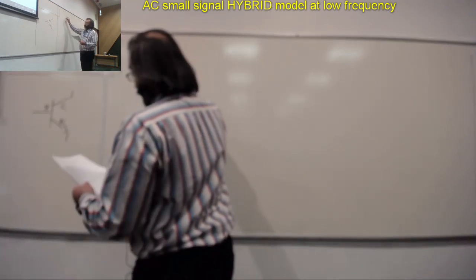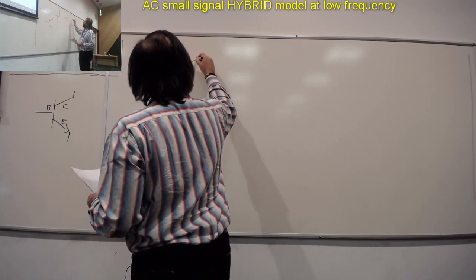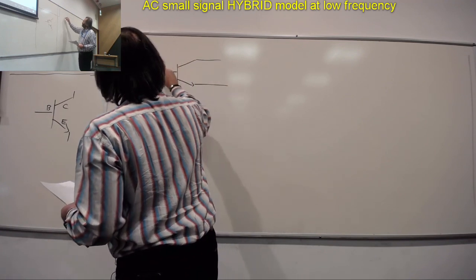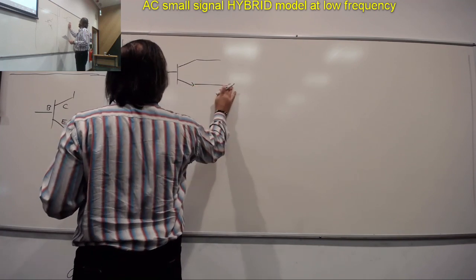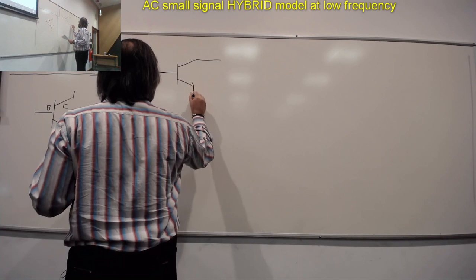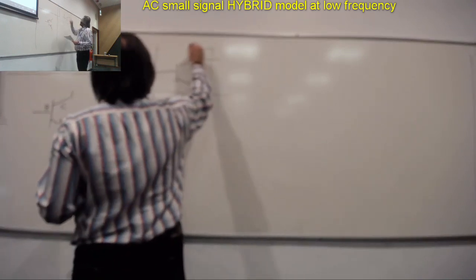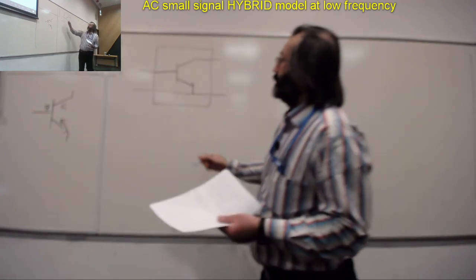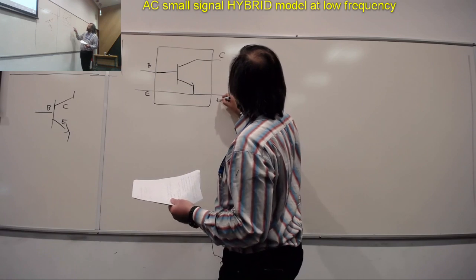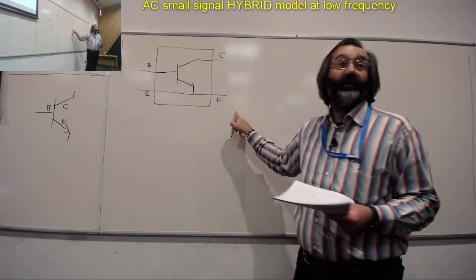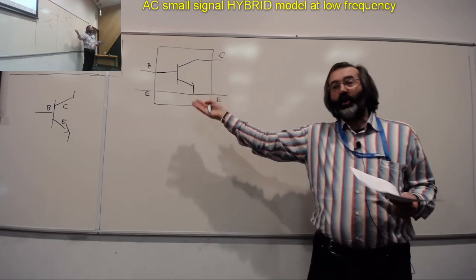So you could imagine this is inside a box. And so you have base, emitter, collector, emitter. You see that the emitter here is common. So this is a 2-port element for the common emitter configuration.